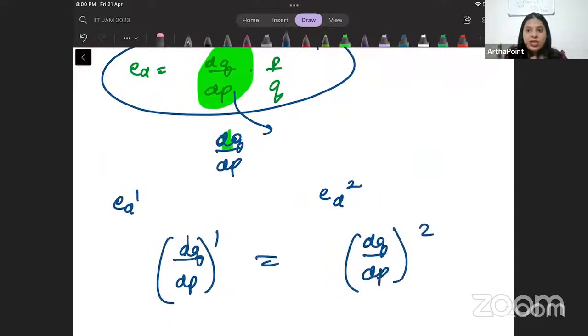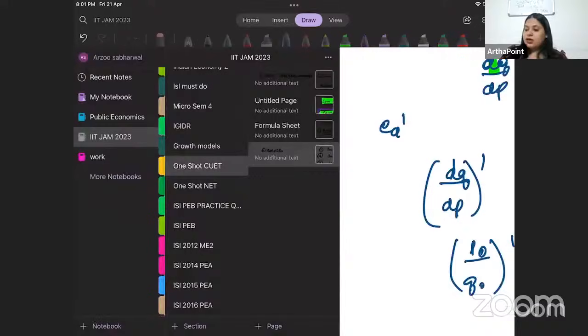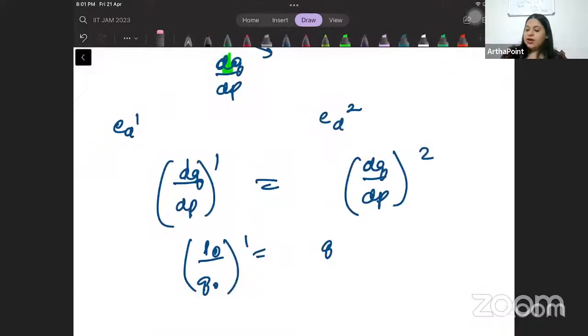This does not mean, please be sure, that p naught by q naught of demand curve 1 is equal to p naught by q naught of demand curve 2. Where do I get this from? This does not mean that. So let us try to go ahead and prove this now.